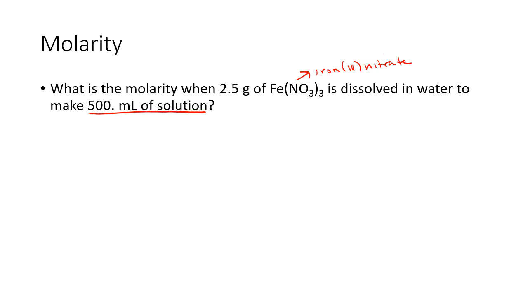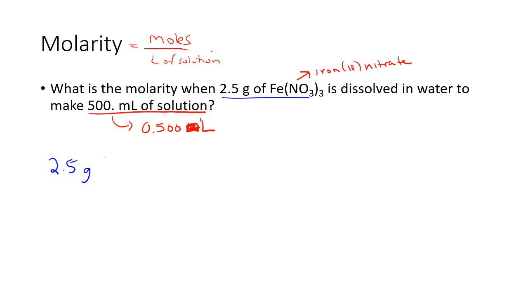Again, molarity is equal to moles per liter of solution. We actually know the liters of solution already. We know milliliters, so if I convert that to liters, that would be 0.50 liters.